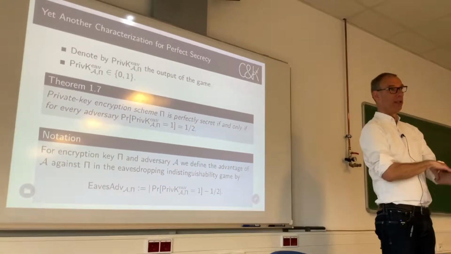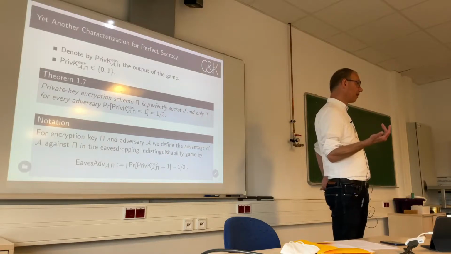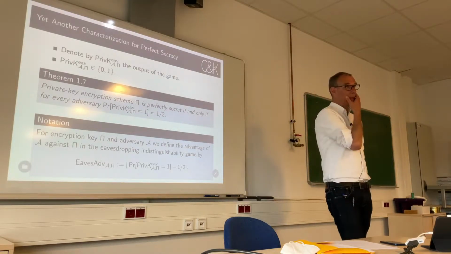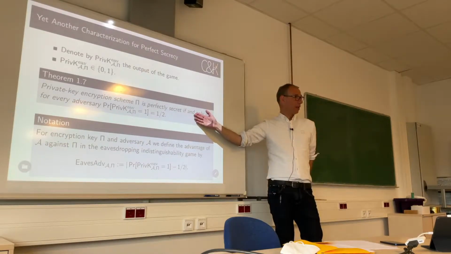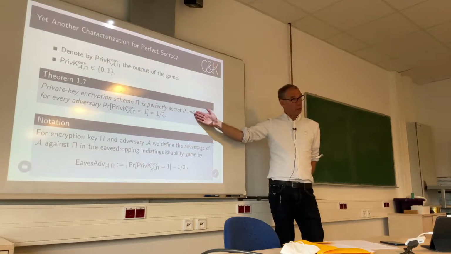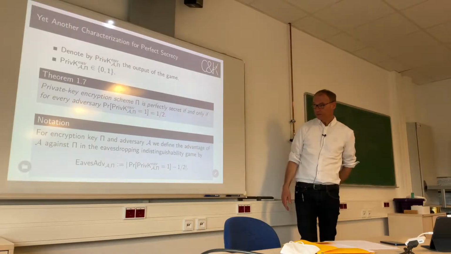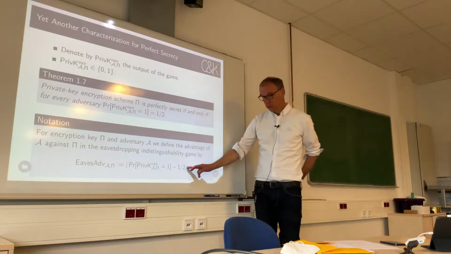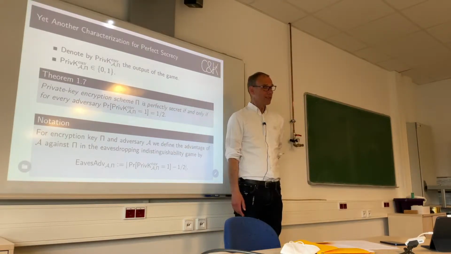How much better is he doing than simply guessing by picking the bit uniformly at random? And this here said that for every adversary the advantage is 0. There is no adversary that can do better. Okay. I put in absolute values here because it's necessary.